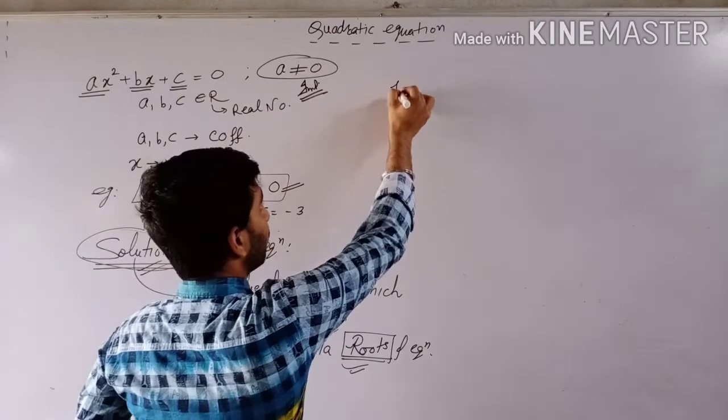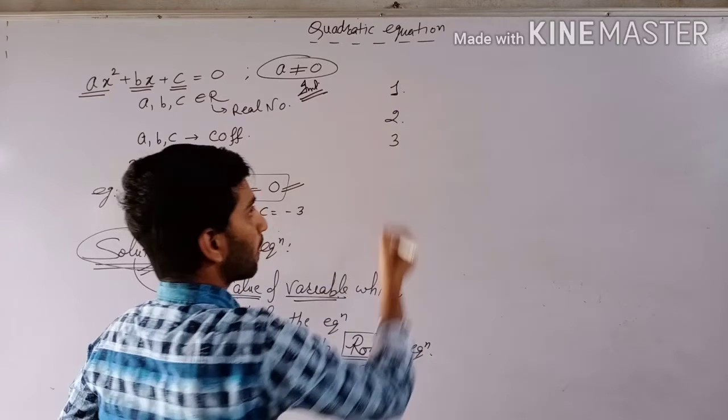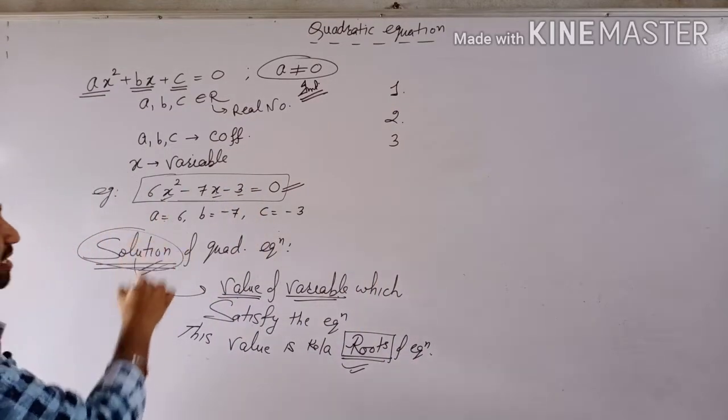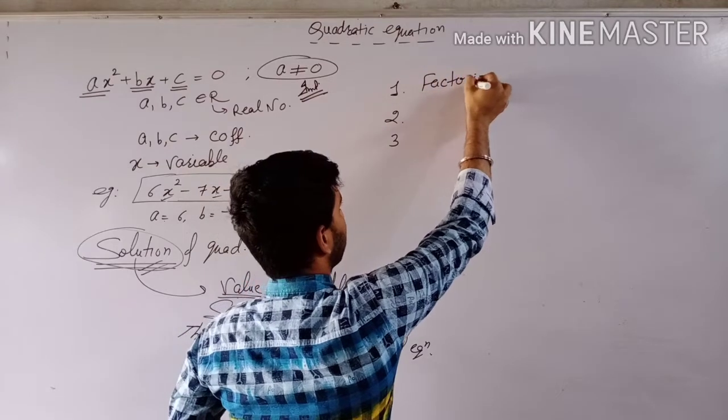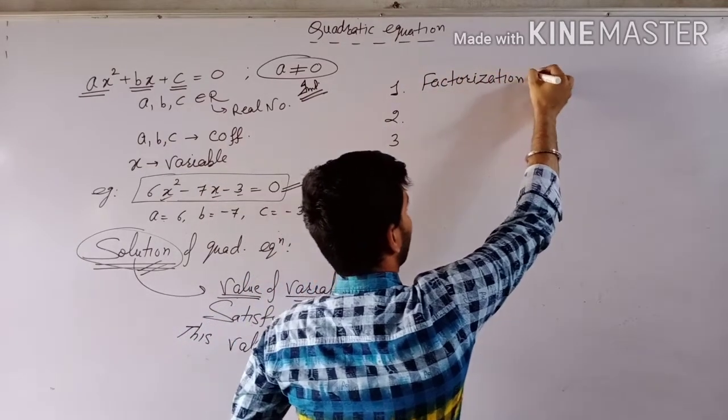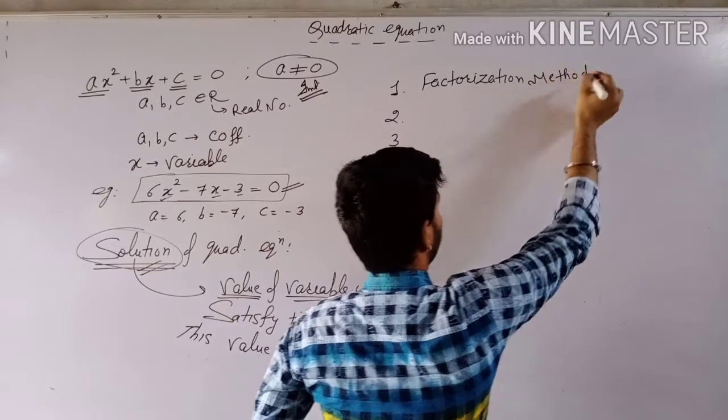Now here we have three methods to solve a quadratic equation. First method is known as factorization method.